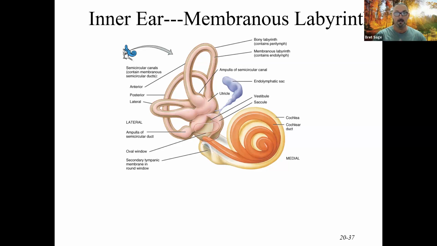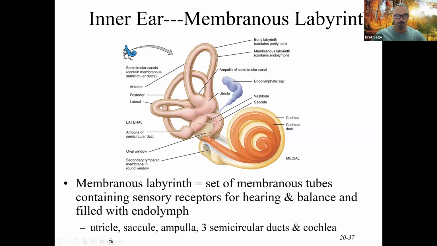And there's 3 of them because there are 3 planes of movement. So you can either move this way, your head going this plane, you can go laterally, kind of spinning this way, or you can turn this way, as I am on my chair. So these are 3 different planes of movement, each sensed by one of the different semicircular canals.